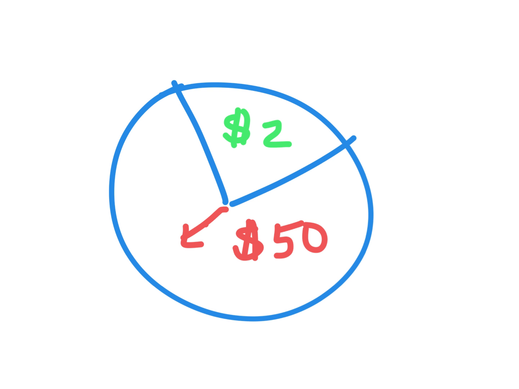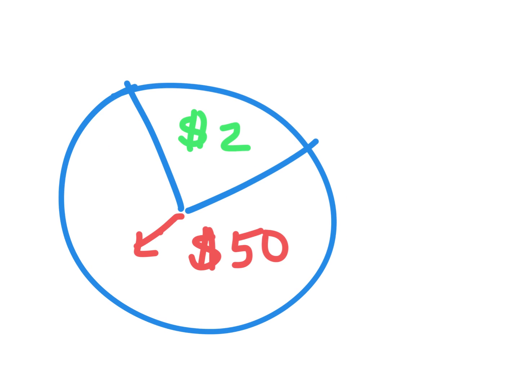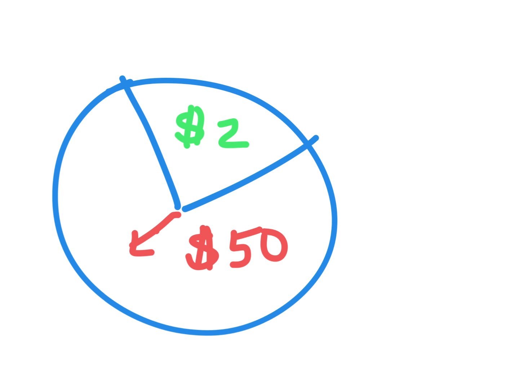Here's one more. Let's say if the spinner lands in this area, you get $50. If the spinner lands in this area, you get $2. Now, did I make it clear enough?